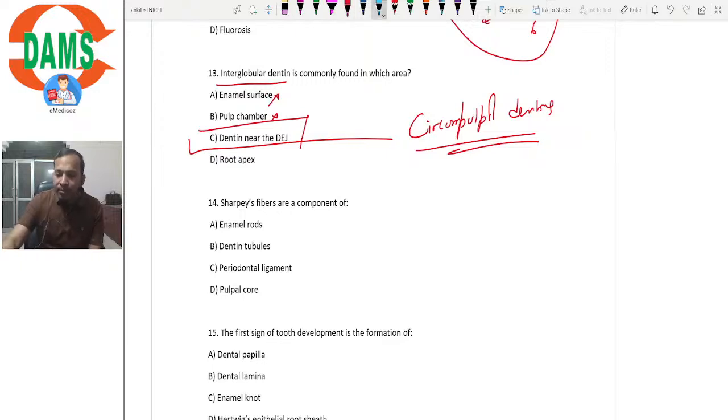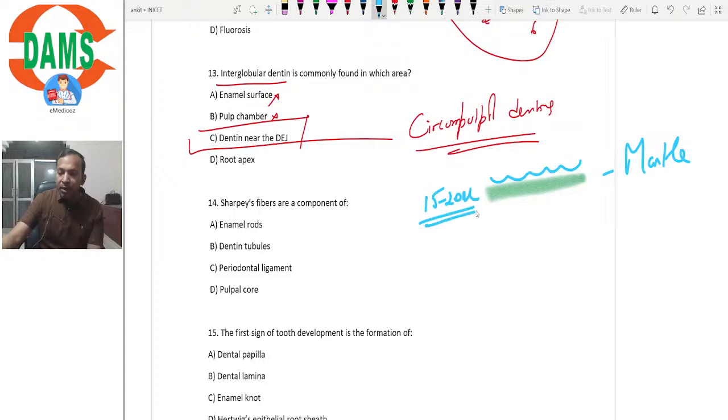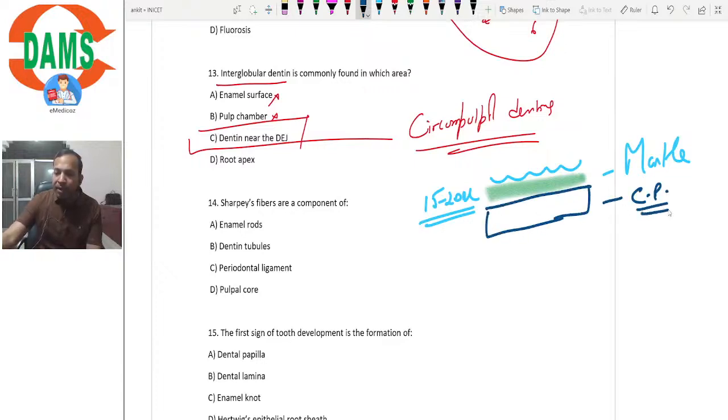The thing is that at the DEJ, first of all, a small layer of mantle dentine is formed, isn't it? How thick is the mantle dentine? Approximately 15 to 20 microns, isn't it? And after this mantle dentine, the next layer of dentine that is formed is called circumpulpal dentine.